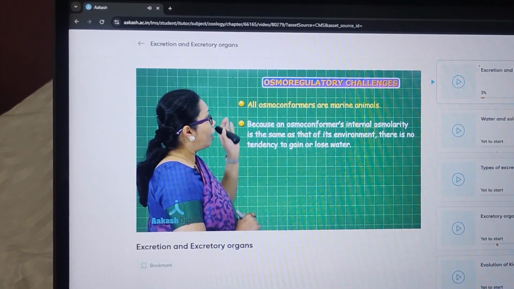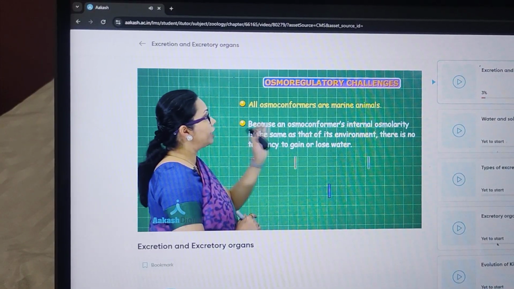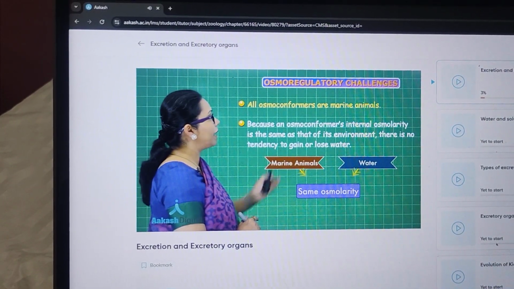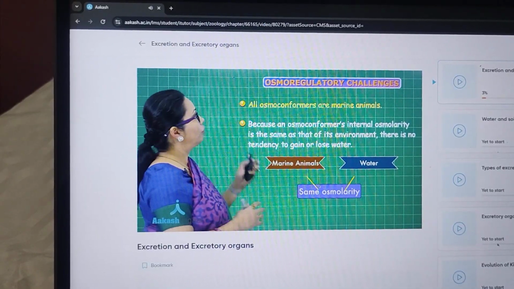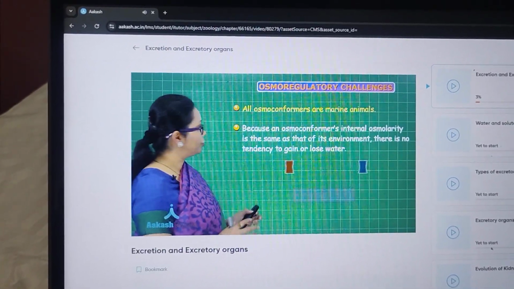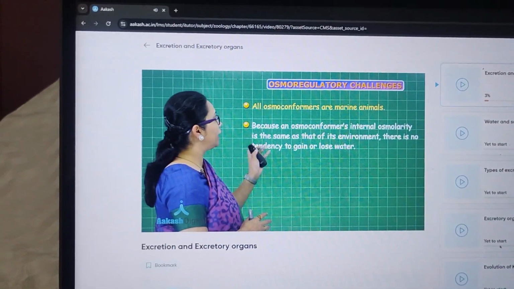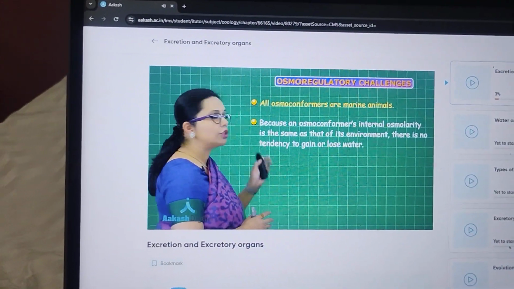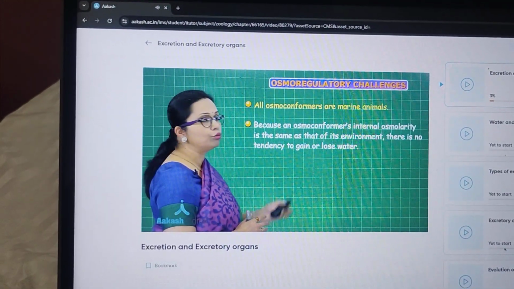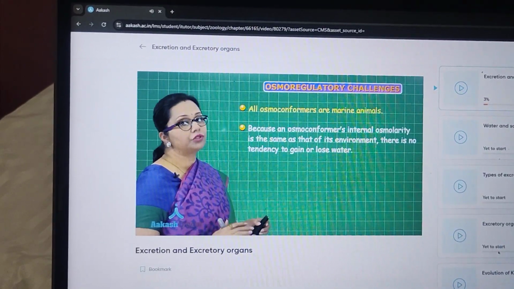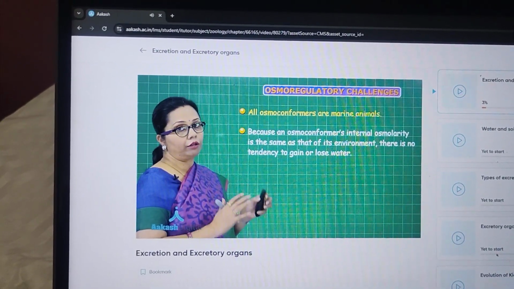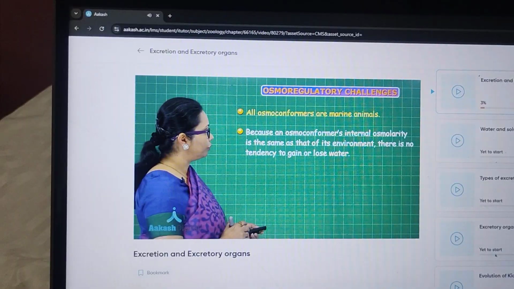Now, these osmoconformers, their internal osmolarity is the same as that of the environment, so they don't have any osmoregulatory challenge. That means neither do they gain or lose ions, nor do they gain or lose water. So they don't have to expend any energy in maintaining the osmolarity of the body volume.